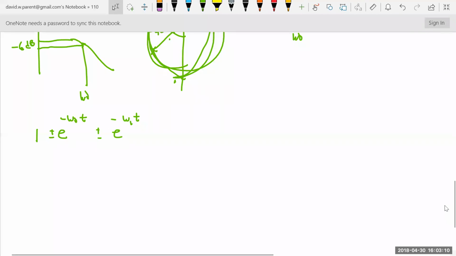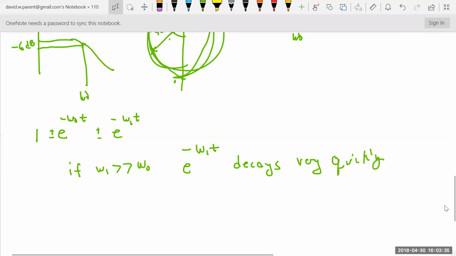So if omega 1 is a lot bigger than omega naught, e to the minus omega 1 t decays very quickly in comparison, right?